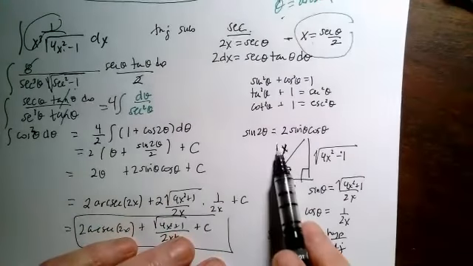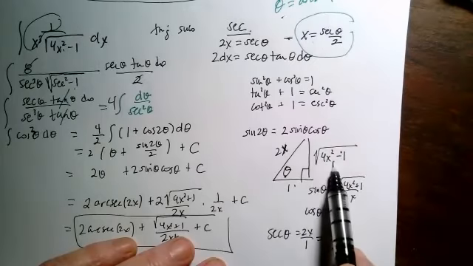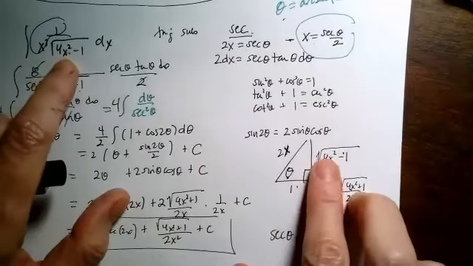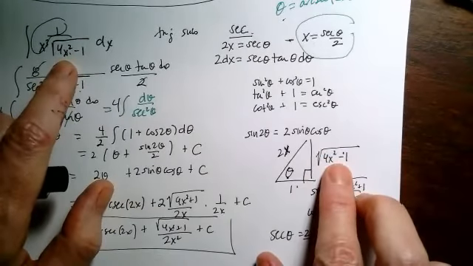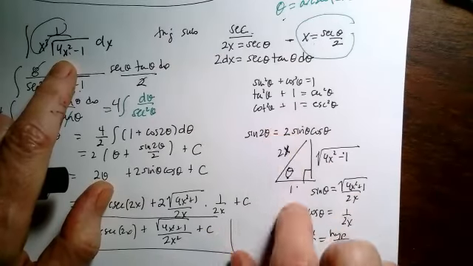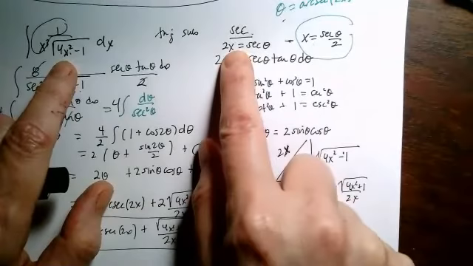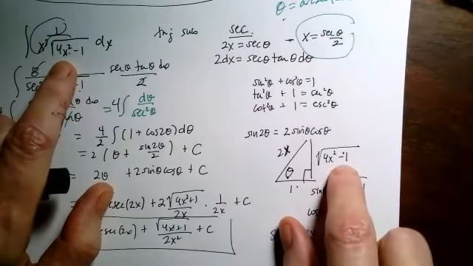Then you have to calculate the third side from the Pythagorean theorem, or it usually turns out to be your original radical if you've got a radical. So you label the two sides based on your initial substitution, and then you can calculate the third side from the Pythagorean theorem.